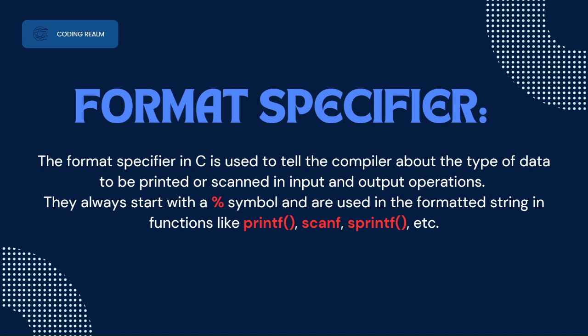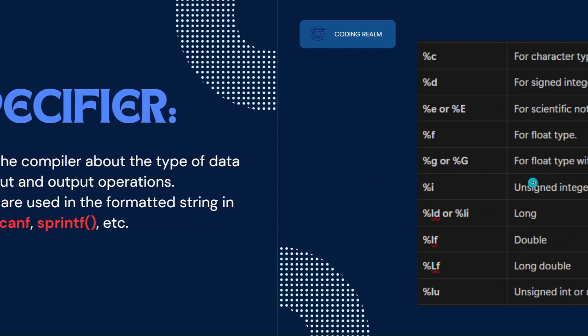Type of data can be an integer, float, character, etc. And to declare the type of data, we need to use the format specifier. They always start with a percentage symbol, and are used in the formatted string in functions like printf, scanf, sprintf, etc.